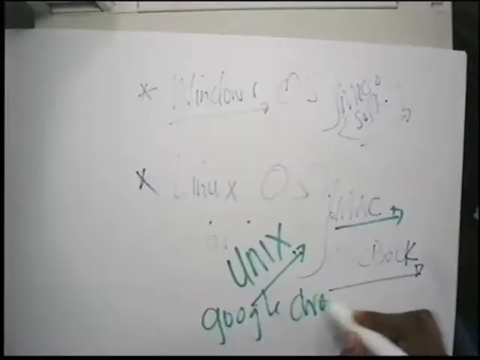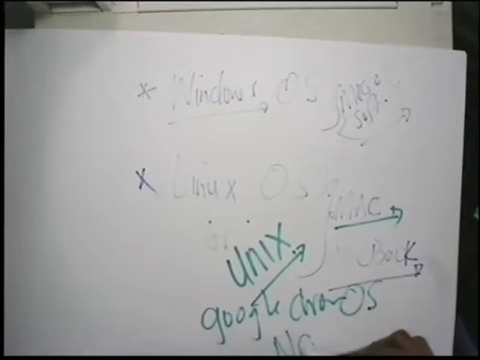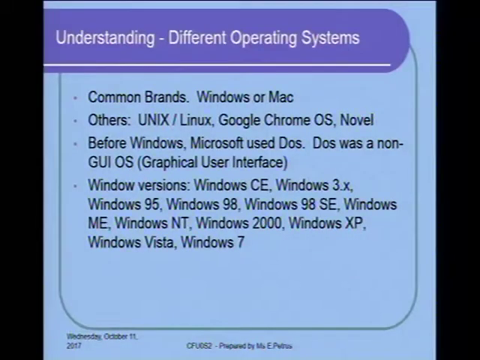There is also the Google Chrome operating system, and Novell. Before Windows, Microsoft used DOS. There was also an operating system called DOS.